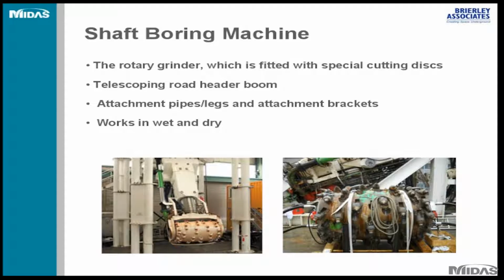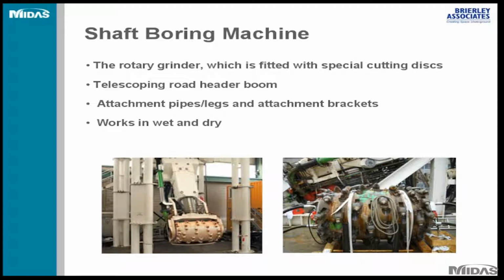The second part of the VSM, or the vertical shaft machine, is the shaft boring machine. You can look at it, it's almost like a road header, actually, boom. It has a rotary grinder, and you can fit it with different or special cutting discs, depending on the soil condition or the soft rock, with different disc configurations.